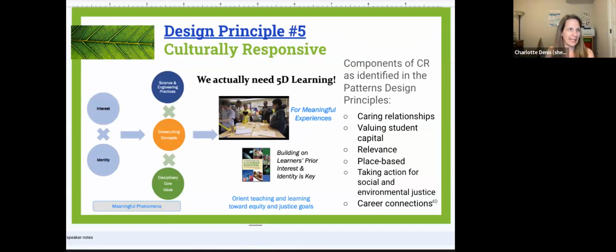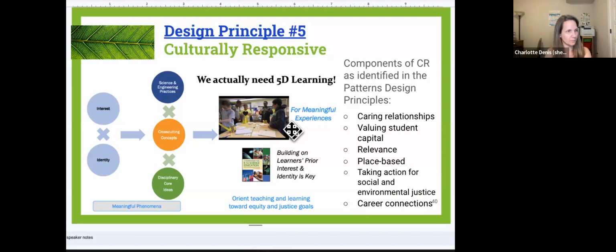So the last design principle that I wanted to discuss today has to do with being culturally responsive. And you all know that we have 3D learning, right, with the SEPs and the cross-cutting concepts and the disciplinary core ideas. But when we add interest and identity to these, and I'm sorry, I thought I had the notes of the author of this idea in my notes, but I don't have that.